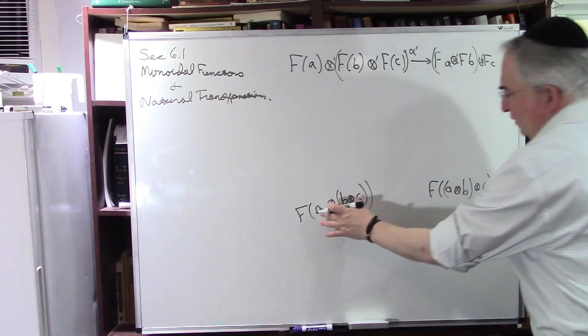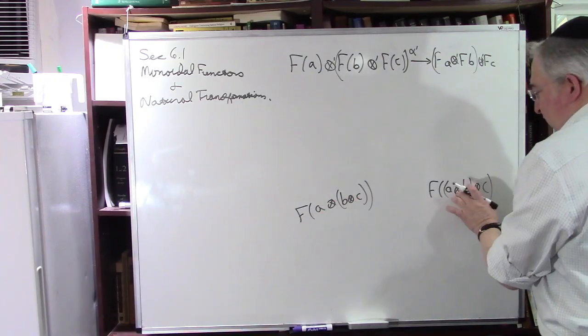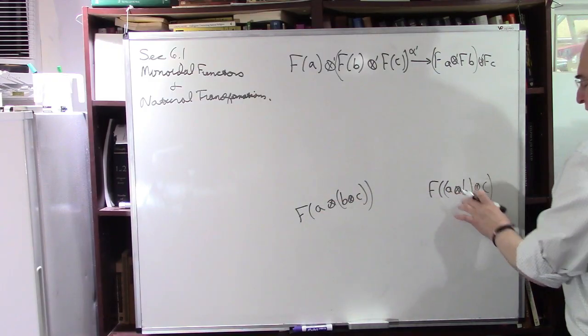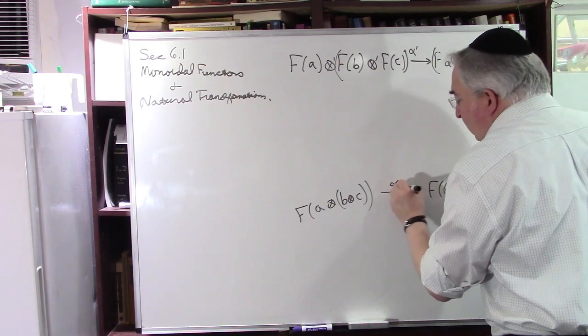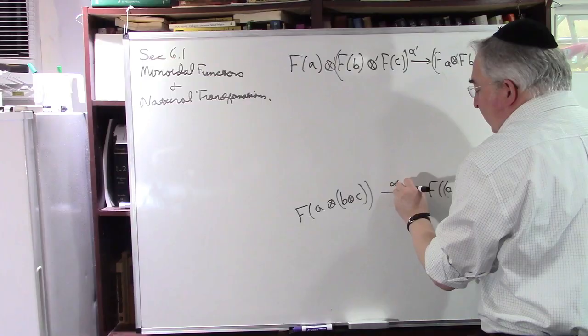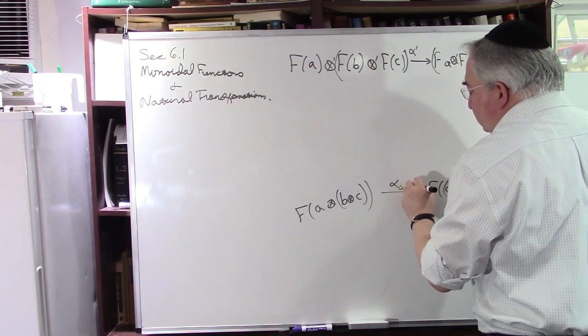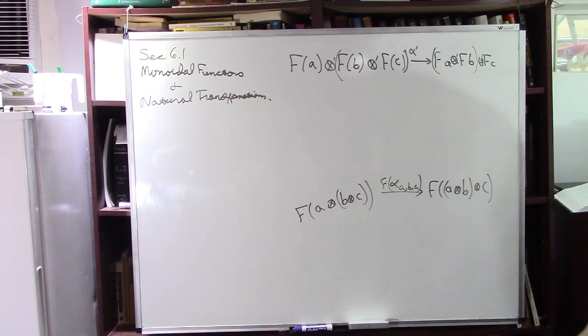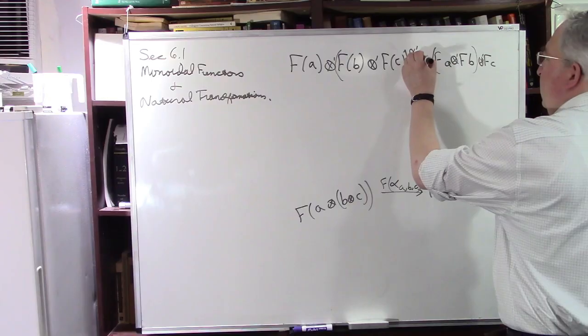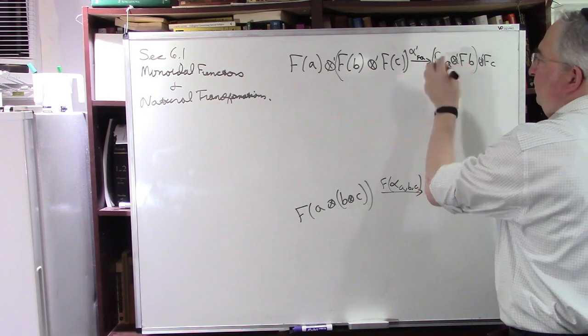Okay, so here's three things in the first category, three things in the second category, associated differently. And so this is alpha of the things in the first category of A, comma B, comma C, and you have F of that. It's a functor of that. Okay, great. This is really F of A, comma F of B, comma F of C.